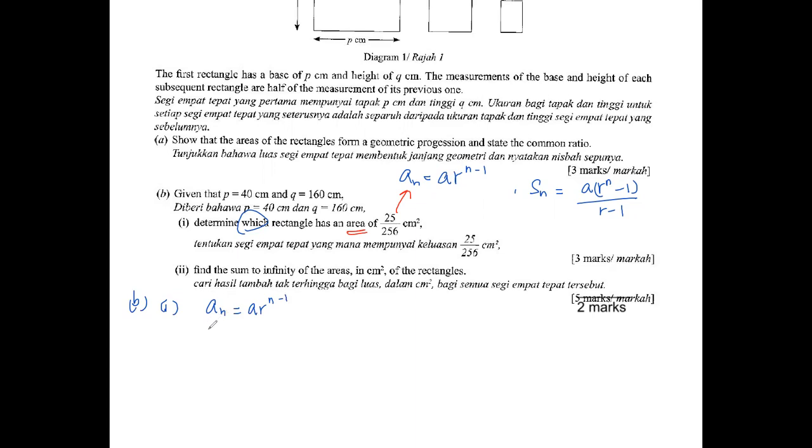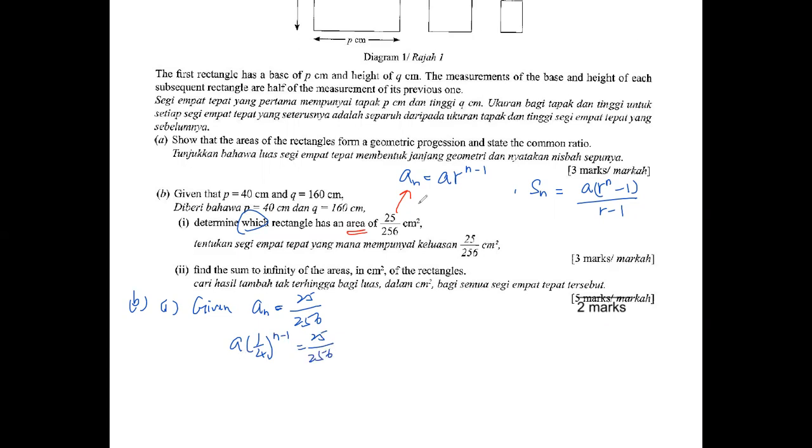It's given that A_n is 25 over 256. We always write the numbers on the right-hand side of the equation, and on the left-hand side we write down the formula: A times r to the power of n minus 1 equals 25 over 256.